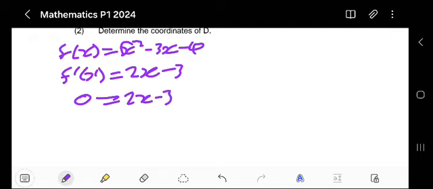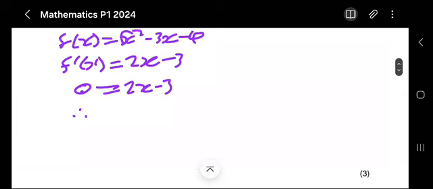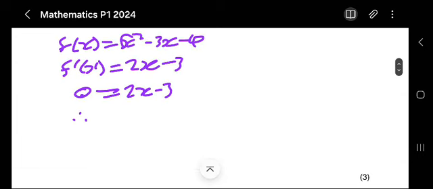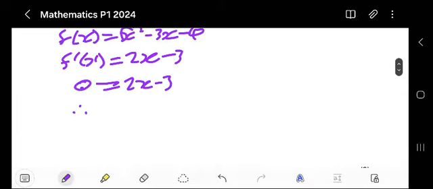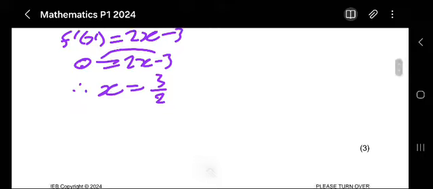Then we solve for x, take this to the other side, so this will be positive 3, then divide by 2 on both sides. x will simply equal 3 over 2.